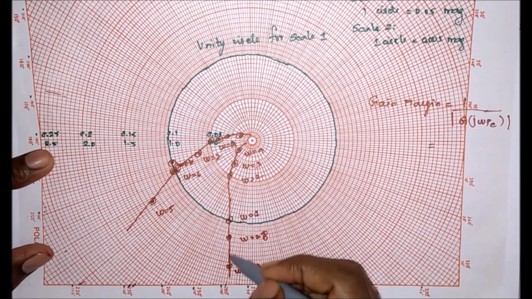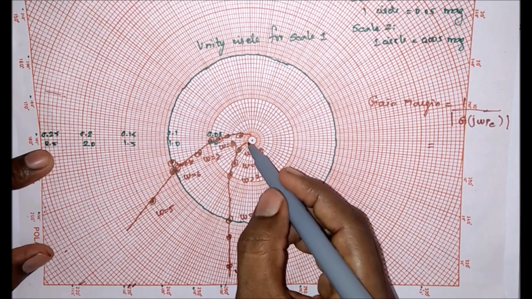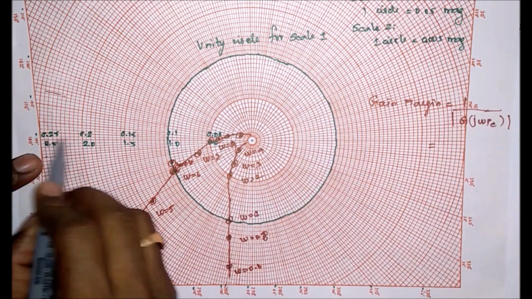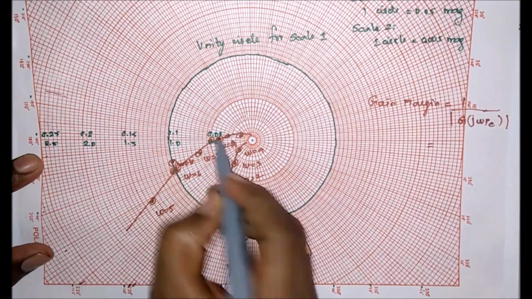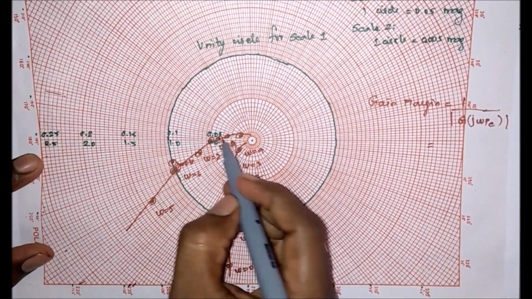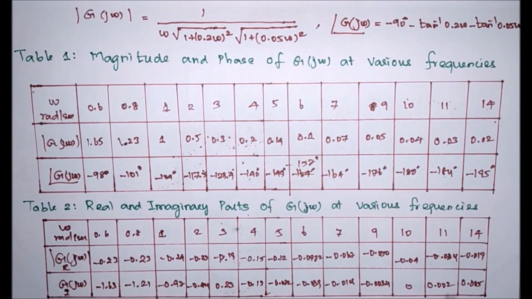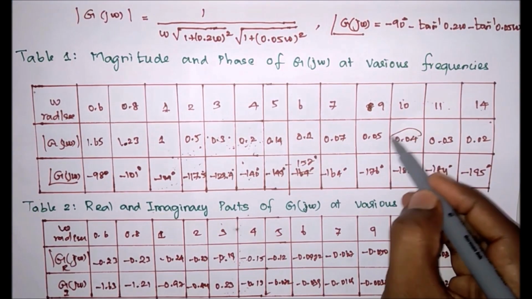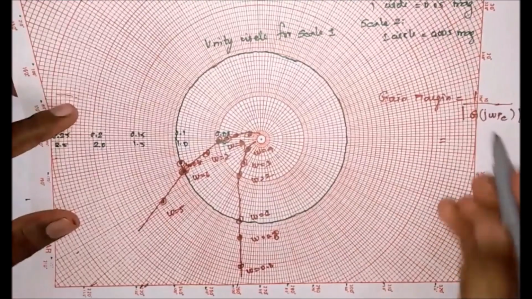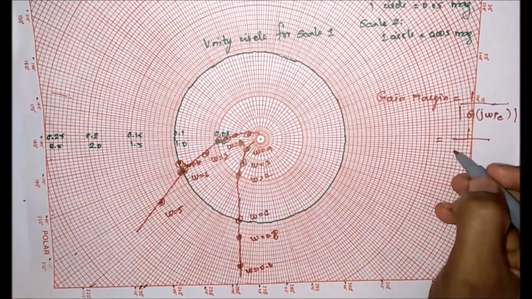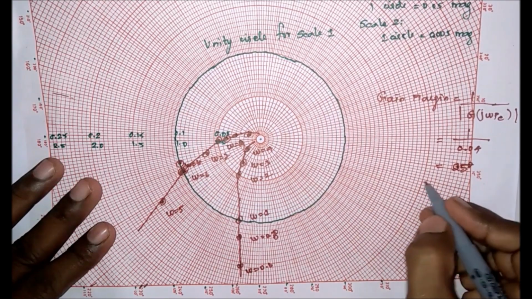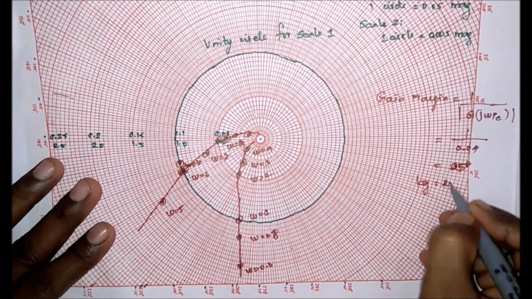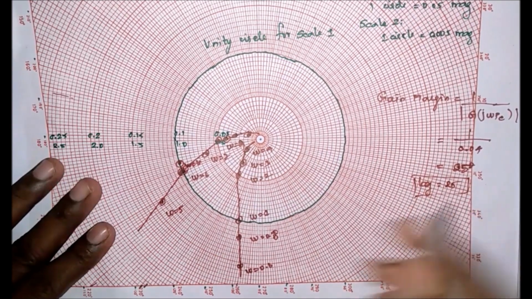From the first plot it is not possible to touch minus 180, but the second plot touches minus 180 at the point where the magnitude is 0.04. So gain margin Kg equals 1 divided by 0.04, which is 25. So this is the answer.